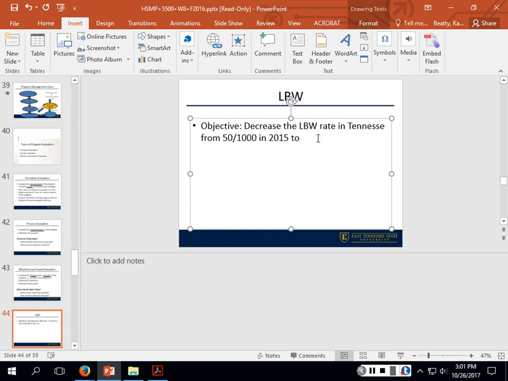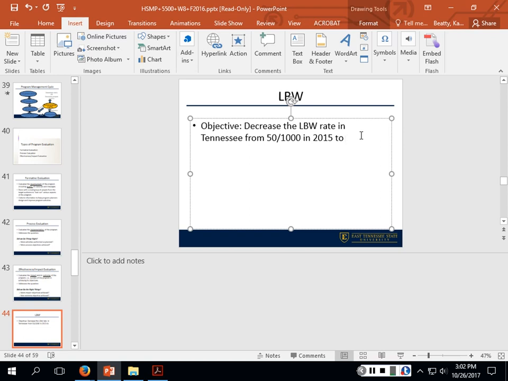It will be helpful if I can type, right? From 50 per 1,000 in 2015 to 10? No, you can't bring 50 to 10. Even if you have 10 years, probably not.